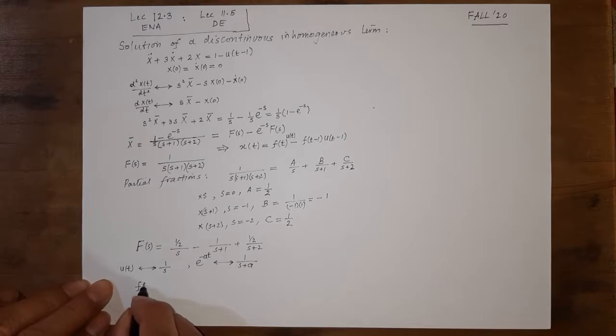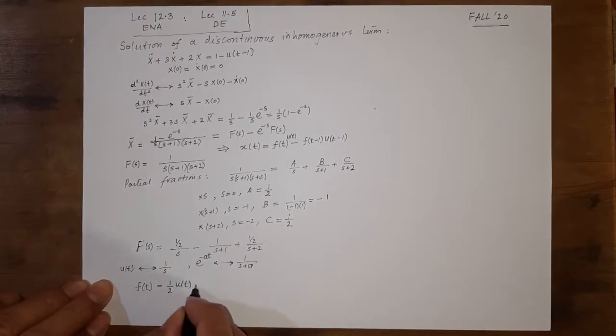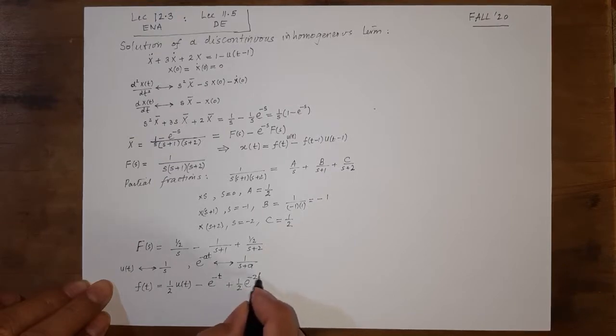So therefore, by inspection, we can write the inverse Laplace transform, and that would be equal to 1 by 2 u(t) minus e raised to the power minus t plus 1 by 2 e raised to the power minus 2t.